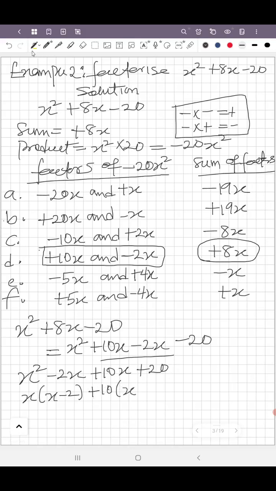Sorry, this is a minus 20. So we have 10 onto x minus 2. So telling us that the final expression, because x minus 2 is common, is x plus 10 times x minus 2. So this is how we factorize.